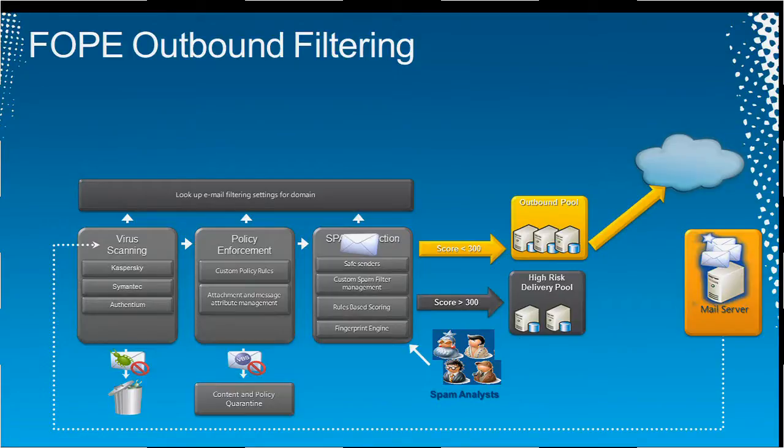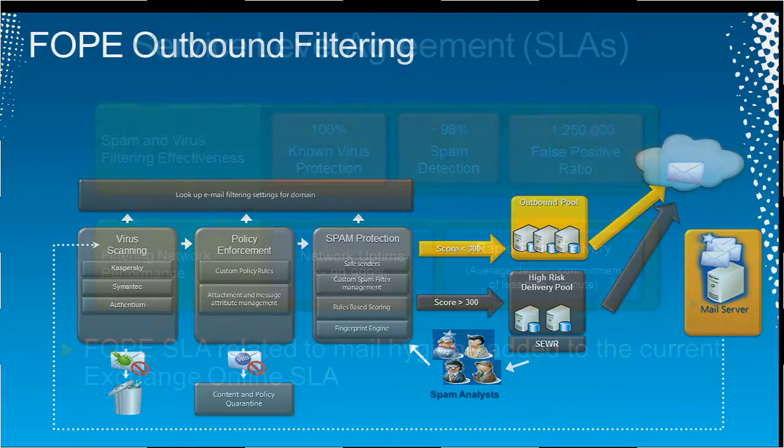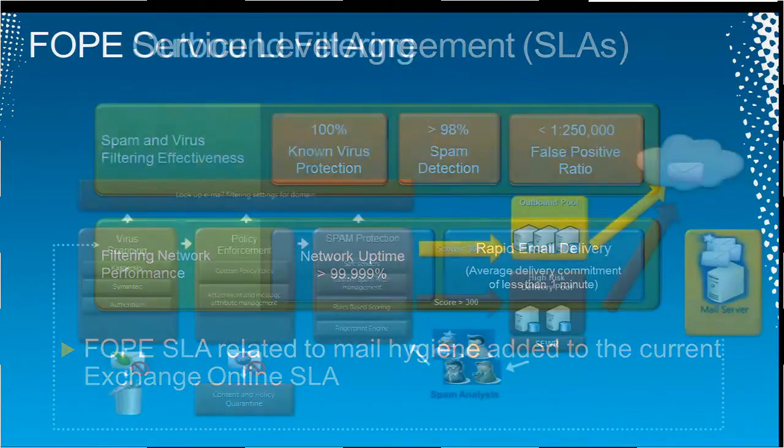This high-risk delivery pool is still delivered, but it's very effectively monitored in terms of our IP addresses getting hit in the high-risk delivery pool. If they are, then it's highly likely that we'll end up in the block list of other people, which we don't want. So this is fed back via the spam analyst.